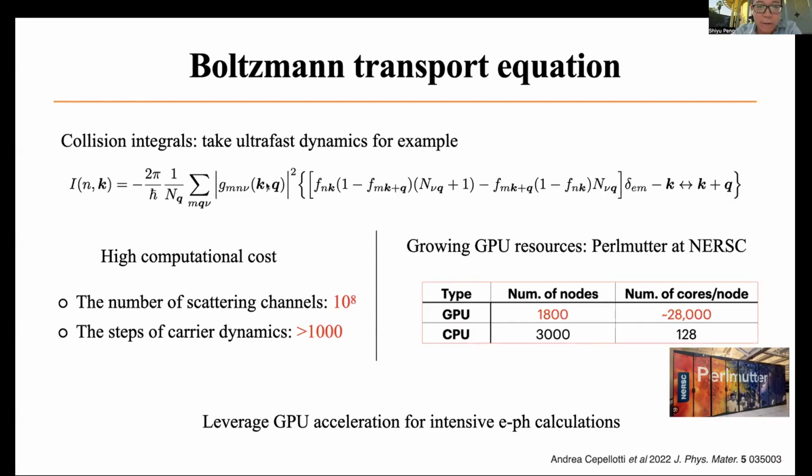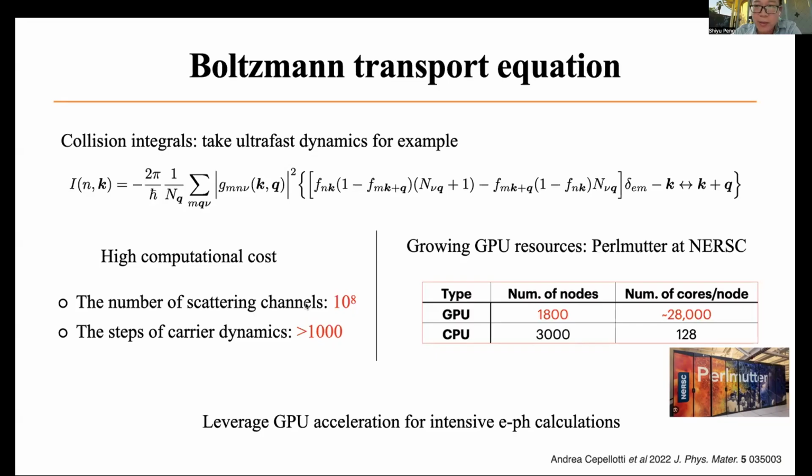As we can see from this formula, each element of the collision integrals can be obtained by a summation over a lot of scattering terms. Each scattering process can also be called a scattering channel, which describes an electron in an initial electronic state nk going into the final electronic state mk+q by absorbing or emitting a phonon νq.